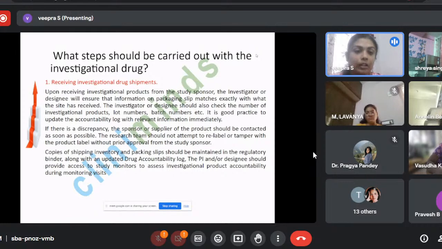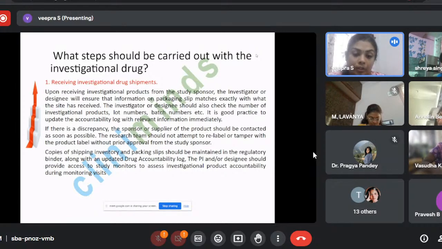Which protocol number, to which investigator they send this IP, the IP code numbers, in what temperature it has to be stored, and the total number of medicines which you received. That information will be present in the IP shipment document.